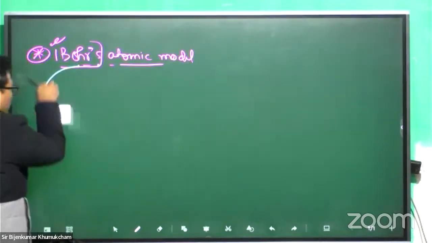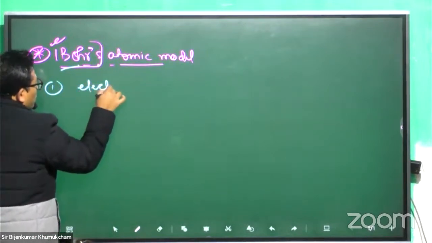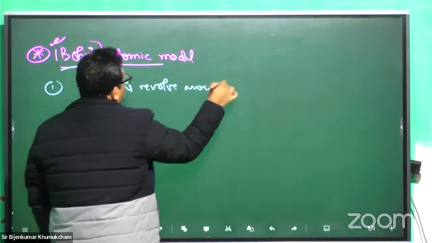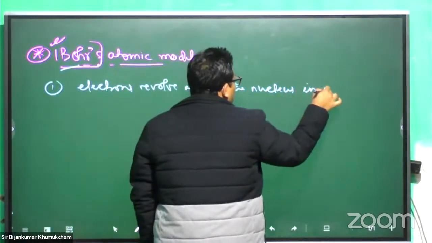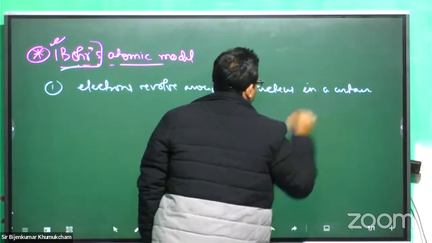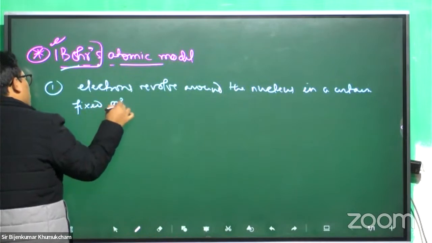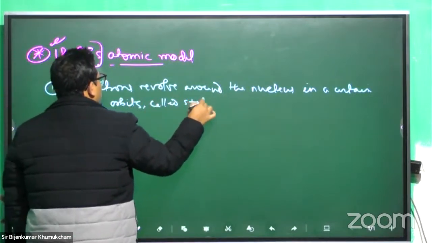And the first postulate is that electrons revolve around the nucleus in certain fixed orbits called stationary orbits.